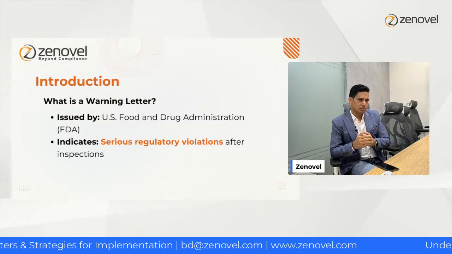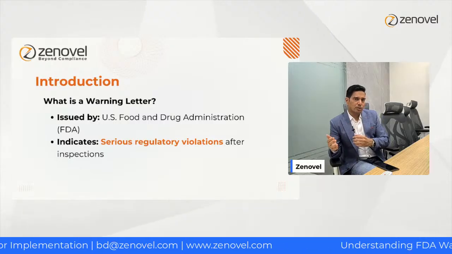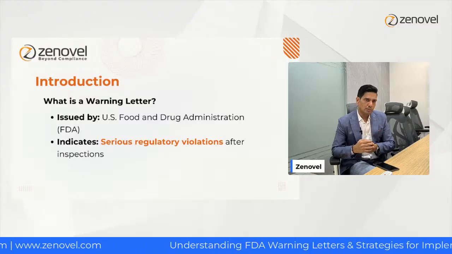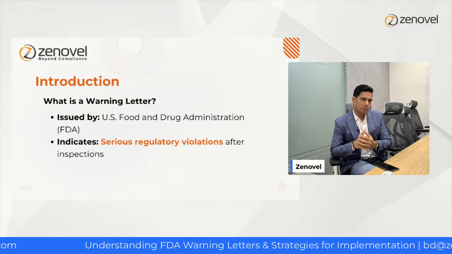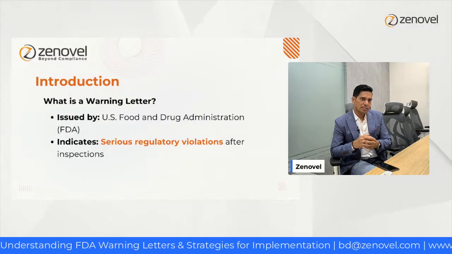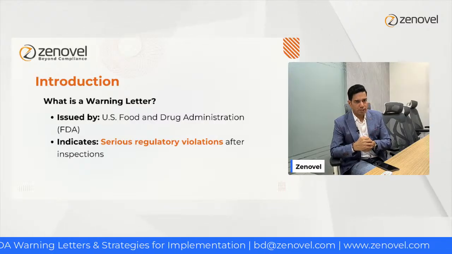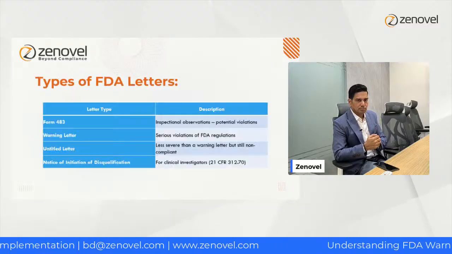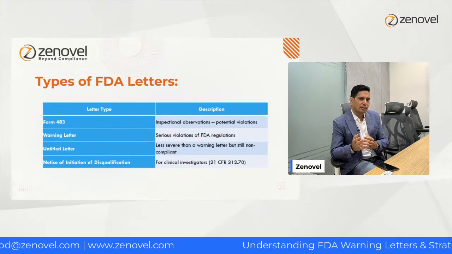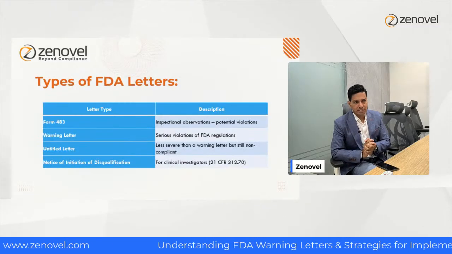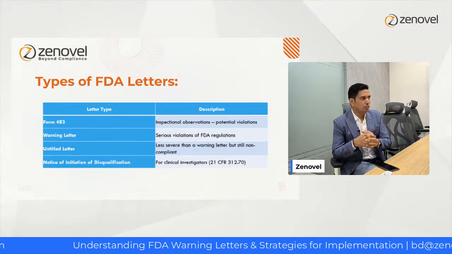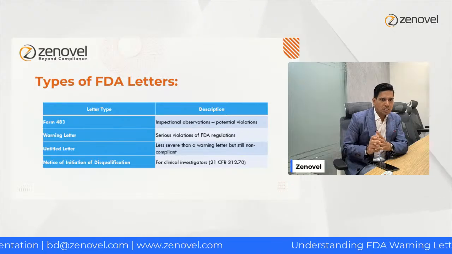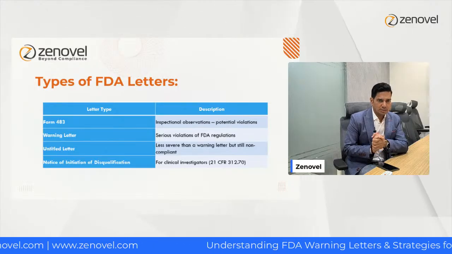At the end of the inspection, when they come across any irregularities in the quality, issues with data integrity, or some serious regulatory violation, then they issue different kinds of warning letters. Those warning letters can be in the form of 483s, individual warning letters, title letters, or notice of initiation of disqualification.